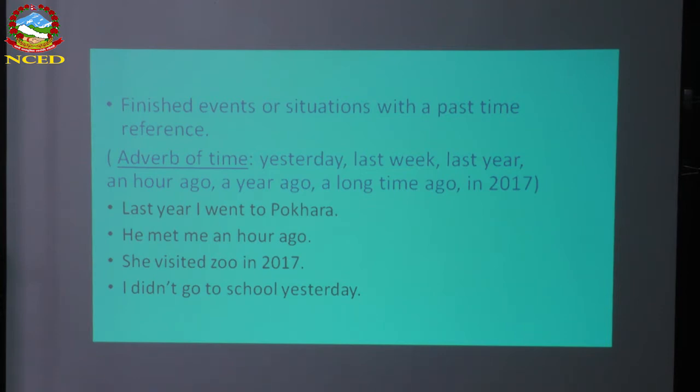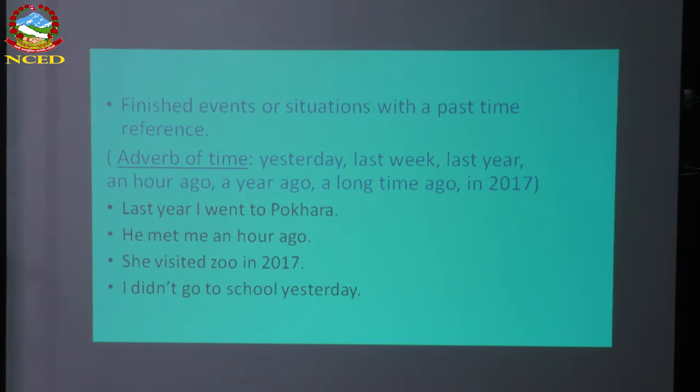Adverbs of time are used here. Examples are yesterday, last week, last year, an hour ago, a year ago, a long time ago, in 2017. So, these are the adverbs of time. Past tense is generally used with those adverbs of time.